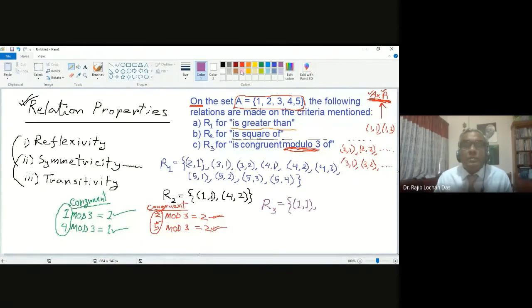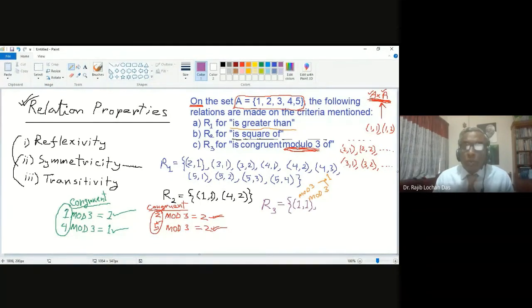Because you will try 1 mod 3 and also 1 mod 3. Do you find the same result? Yes, 1 mod 3 is equal to 1 and 1 mod 3 is equal to 1. So they will give you the same answer. That is why they are congruent, and that is why 1, 1 can be taken.